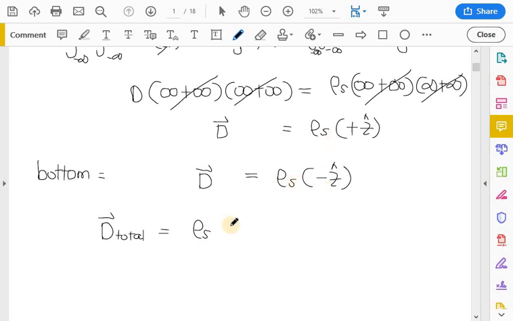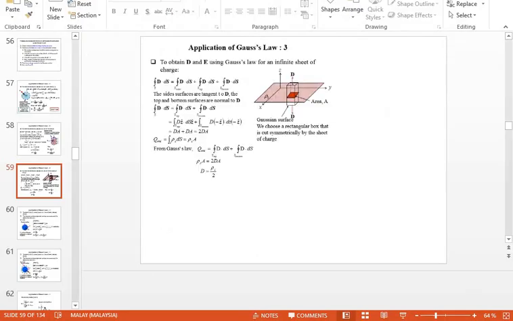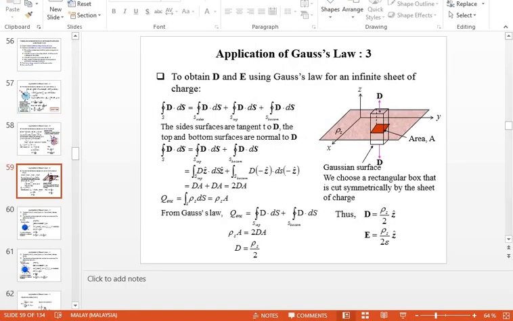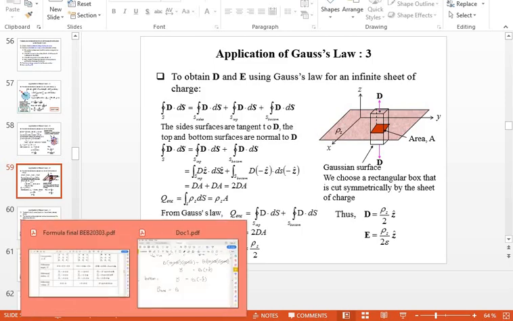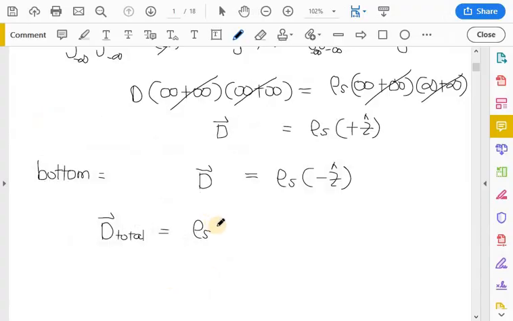This is in a different direction. Plus the rho s for the bottom. This is just the directions. So you have 2 rho s.